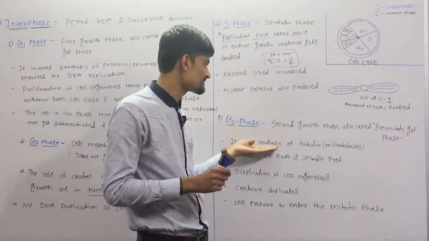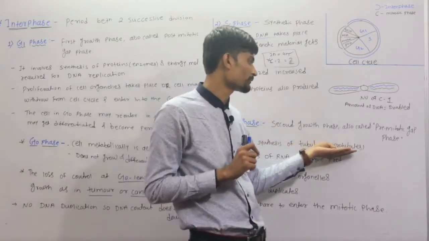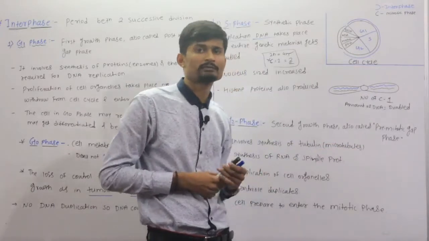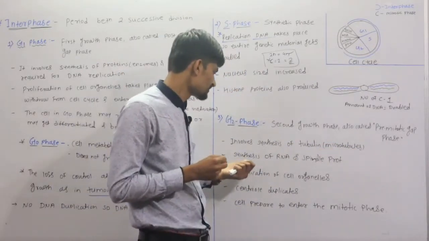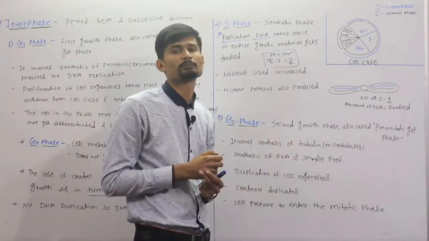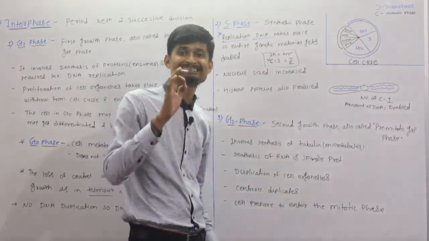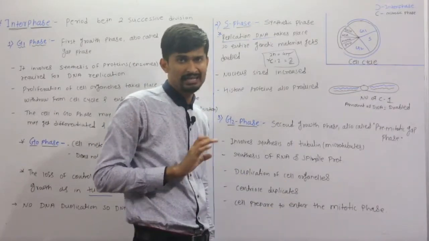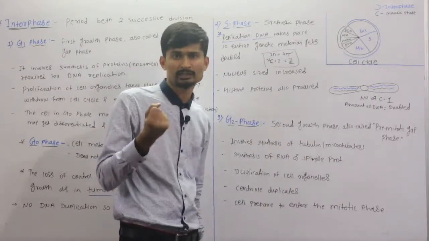It involves the synthesis of tubulin. These tubulins are the microtubule proteins which are required for centriole formation. Then the synthesis of RNA and spindle proteins also takes place. Then duplication of cell organelles takes place in the G2 phase, and again there is a growth of the cell, that is why it is called the second growth phase.